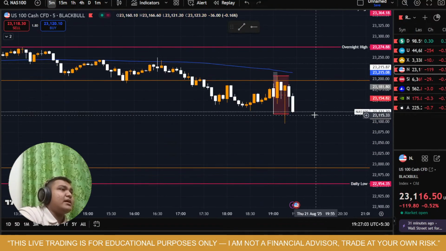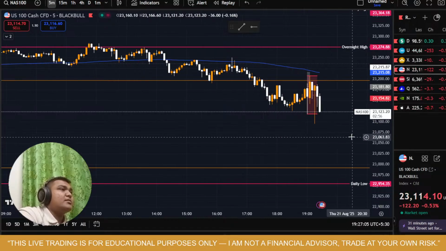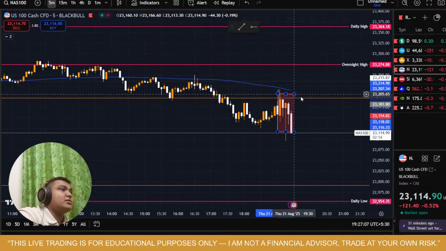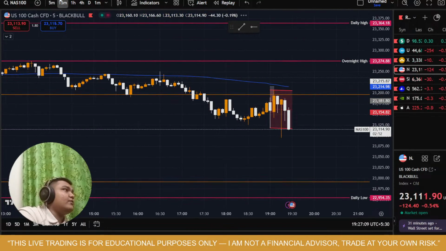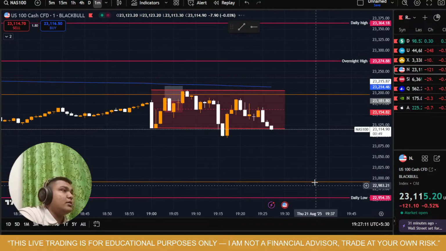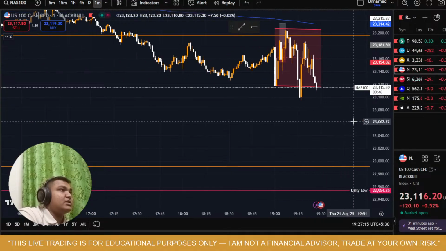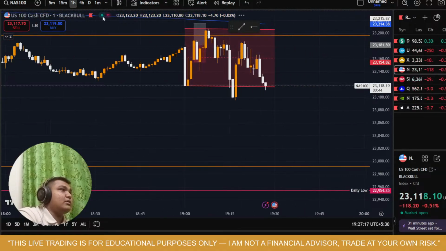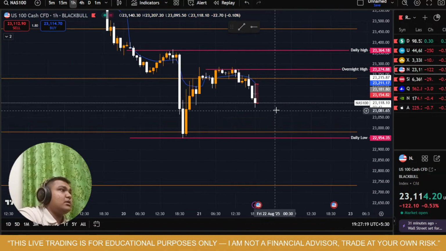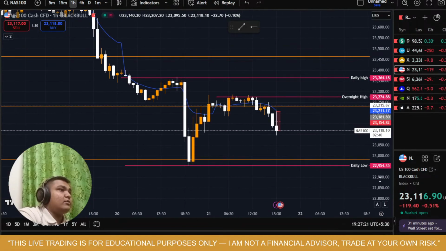Yes, the NASDAQ started breaking down, but if it breaks strong, you might go for this pivot, or say overnight lows, or this daily low.